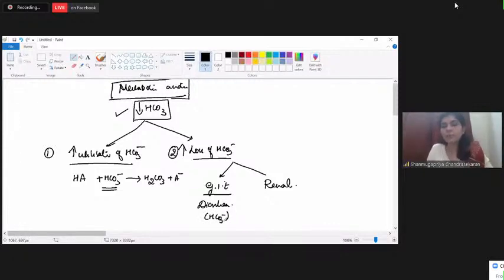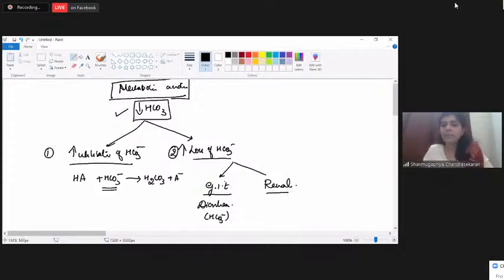In your textbook, you might find a long list of GI causes of loss of bicarbonate, with complex terms like ureterosigmoidostomy. You don't have to worry much about this term. All it means is that the ureter is linked to the sigmoid colon, so the urine irritates the sigmoid colon and there is going to be diarrhea. So ultimately it's diarrhea which is a cause of loss of bicarbonate through GIT.